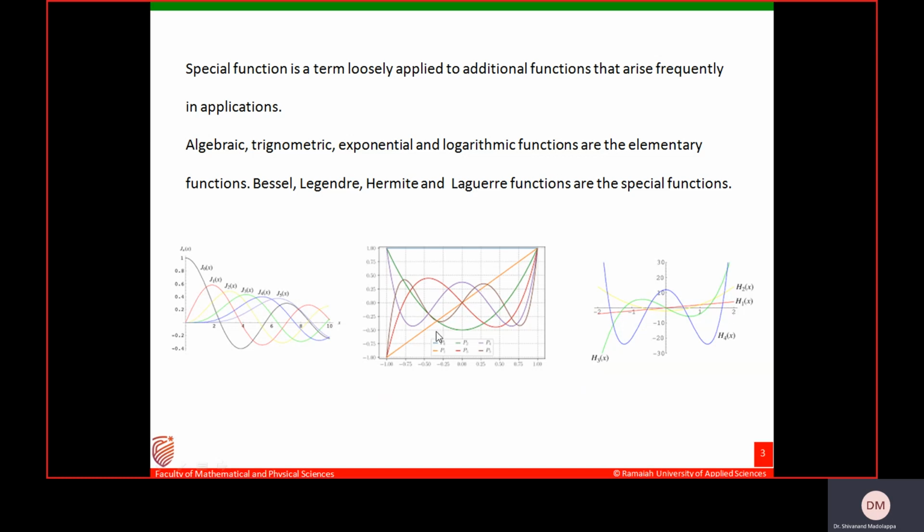These are the figures, these are the functions. This is the Bessel function, this is the Legendre equation, and this is the Hermite equation. We will draw the figures of these after solving the different differential equations, which are Bessel's, Legendre's, Hermite's, and Laguerre's. These are the special functions.